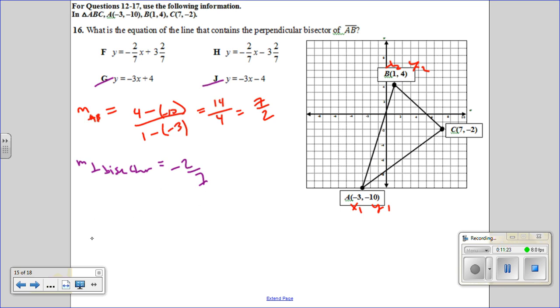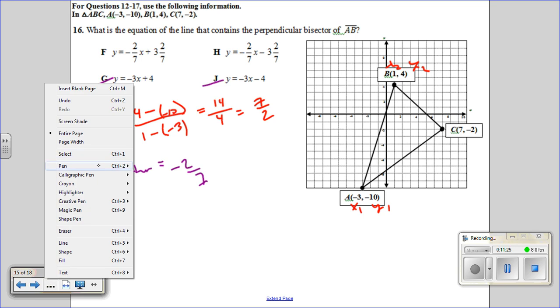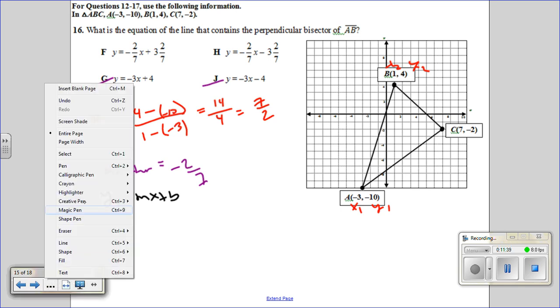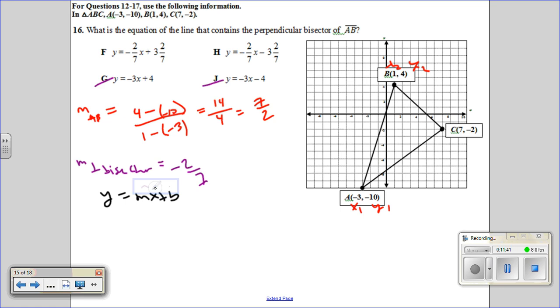And now we have to find the y-intercept again using y equals mx plus b. So I'm going to use point C, since it's already on my graph, to help me find the perpendicular bisector. So y is negative 2, m is negative 2 over 7, x is 7, plus b.